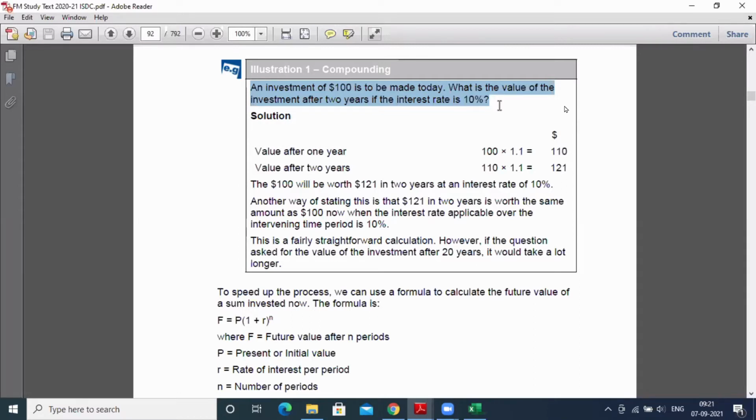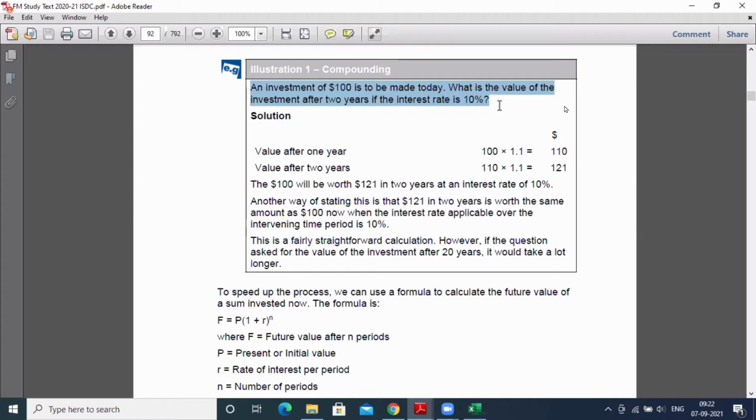So on the basis of simple interest, the value of your 100 after 2 years would be only 120. But if it is compound interest, the value of your investment after 1 year is 110. If you invest 100, it will be 110 after 1 year. Now, if you reinvest this 110 at the same expected 10%, then its value will be 121.